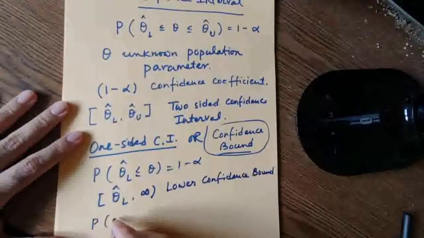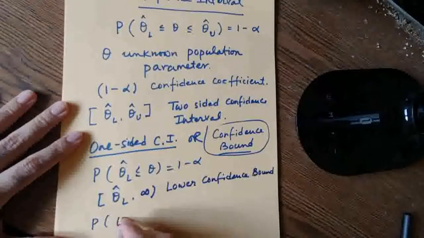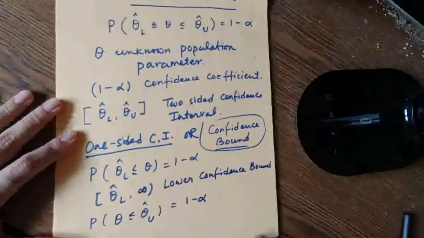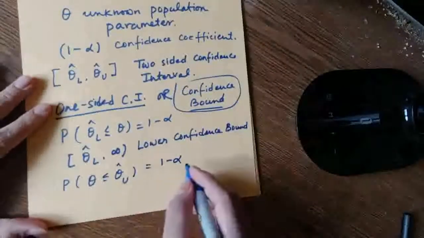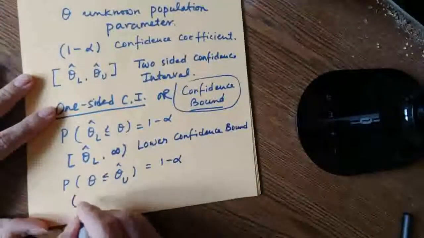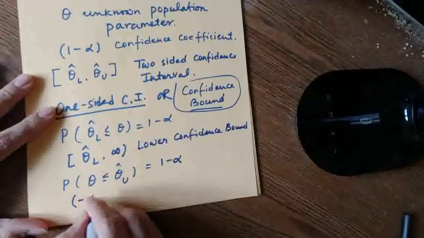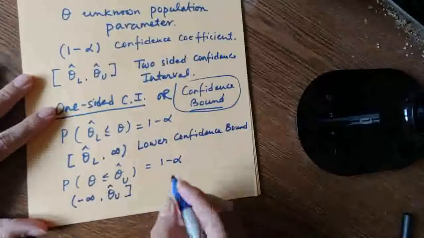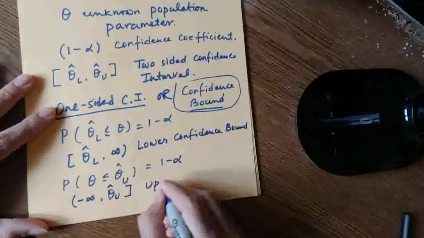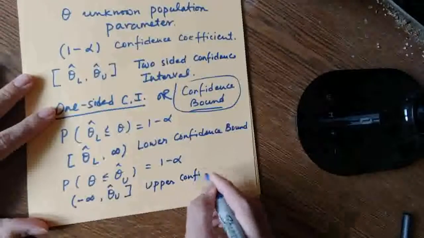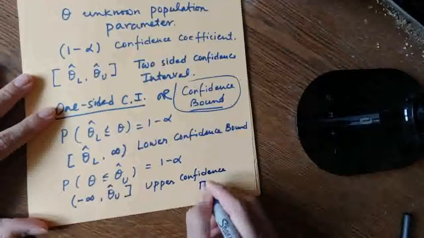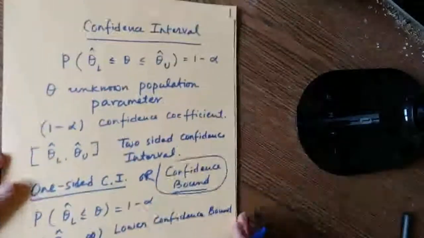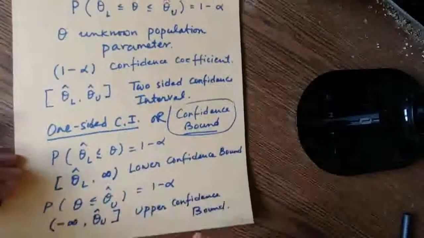Similarly, if we have theta that's equal to 1 minus alpha, that's denoted by minus infinity and theta hat U and then close bracket. This is the upper confidence bound. So that's pretty much the concept, both confidence interval and confidence bound.